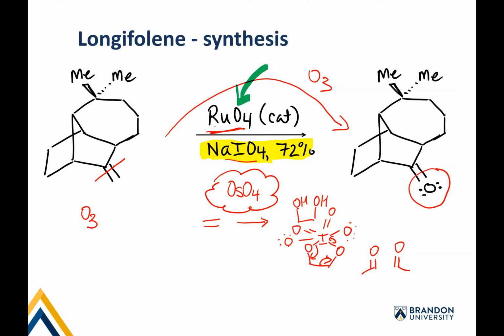But we're going to need this ketone to install the last group at this carbon here. So this is basically converting an alkene to a ketone. There's a number of different ways, like ozone's one way to do it, or these routes here, but that's all very similar.